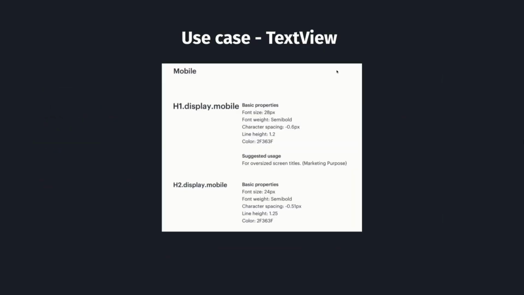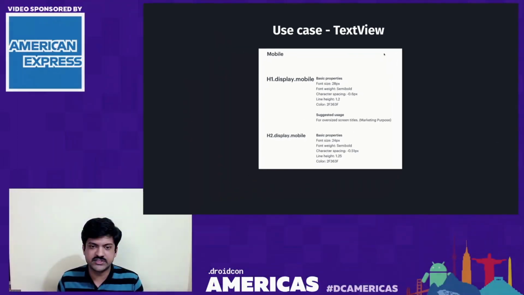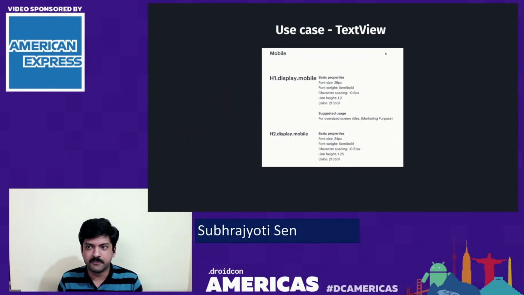Now, coming to a first use case. This is again a design system, specifically a style guide. We have the style guide where we mention different kinds of styles, for example, H1, H2, H3 to specify different kinds of headers. And you can have many other types as well, and each has its own properties.